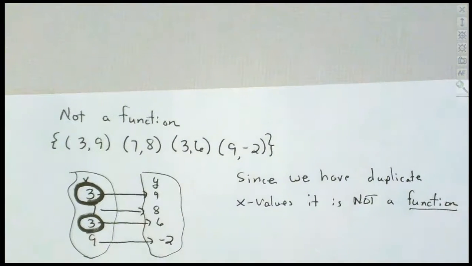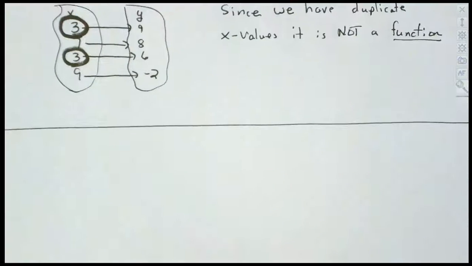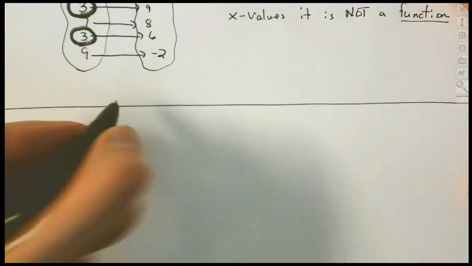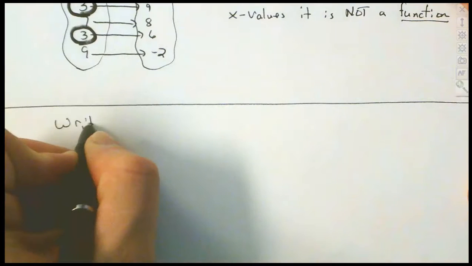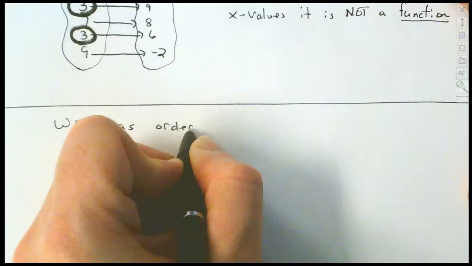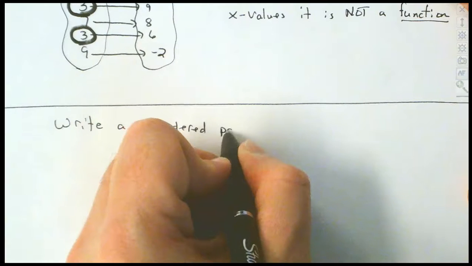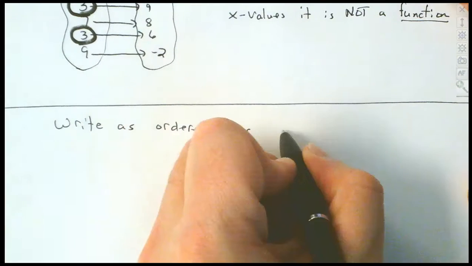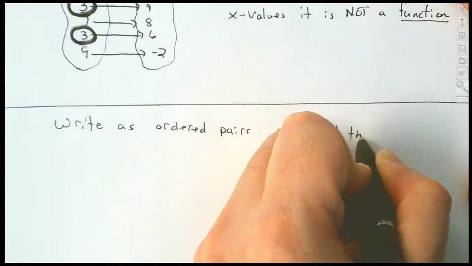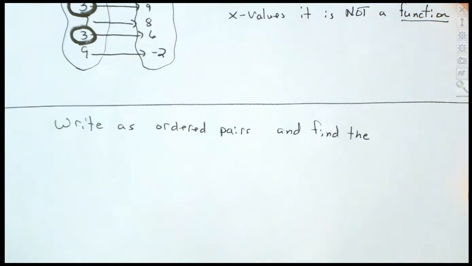I'm going to give you now a chart, and we're going to use this chart to also get the domain and range. We're going to write these as ordered pairs, and we're going to find the domain and range.